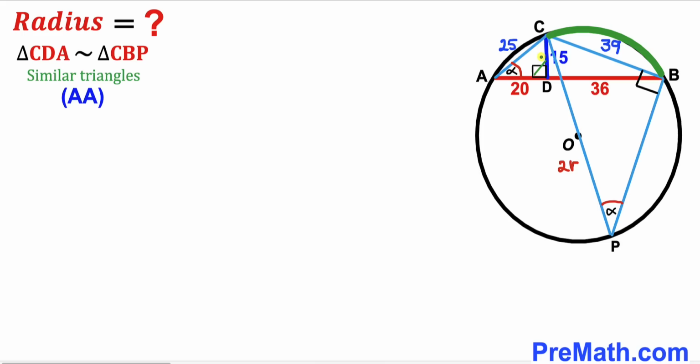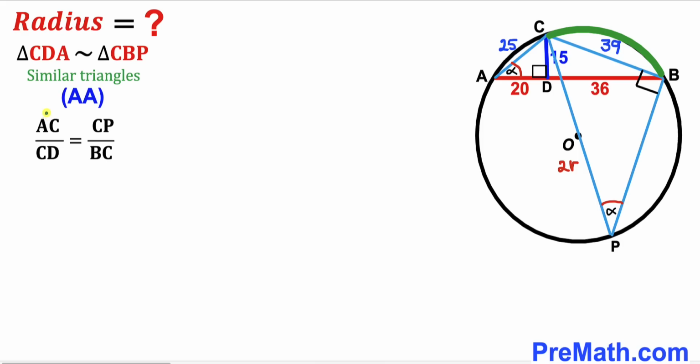Here is our tiny right triangle CDA, whereas our other right triangle is CBP. Since this angle is 90 degrees and likewise this angle is 90 degrees as well, and these two angles are congruent as well, and since these two triangles are similar, we are going to have a proportion.